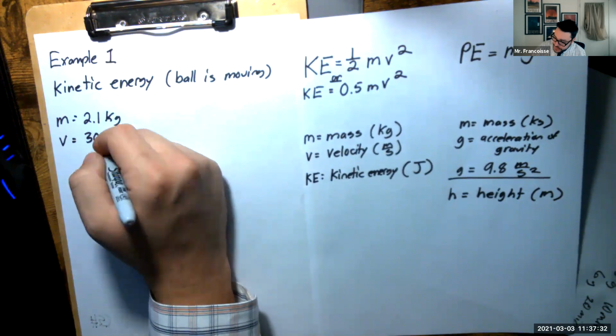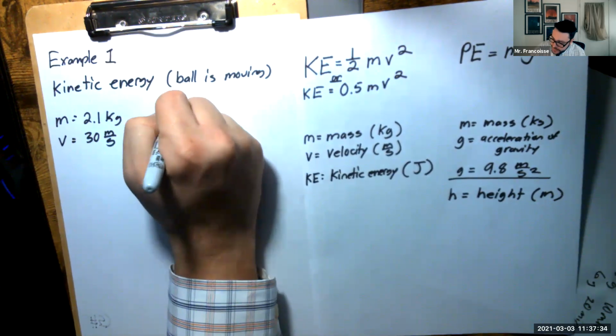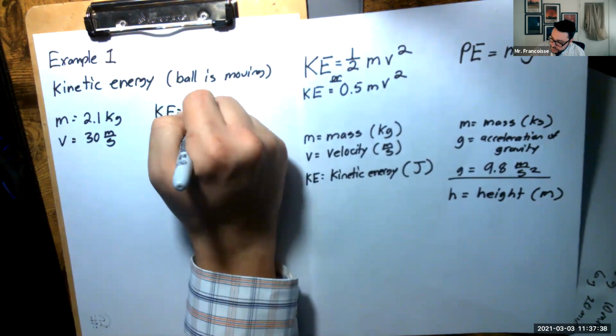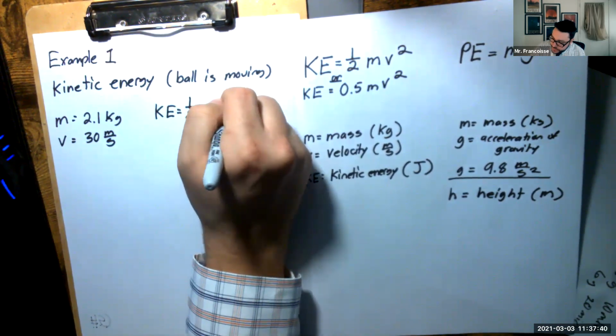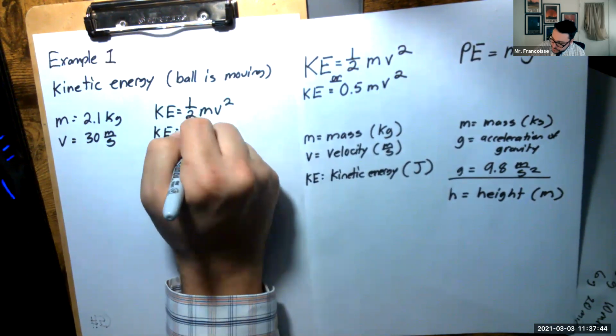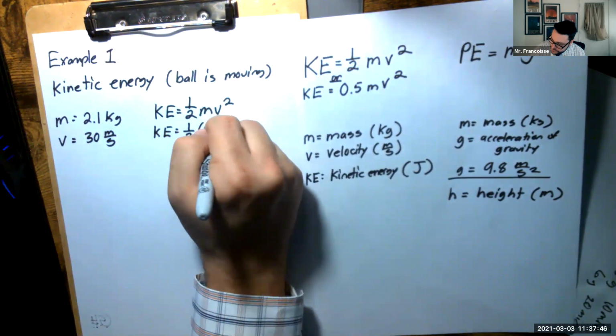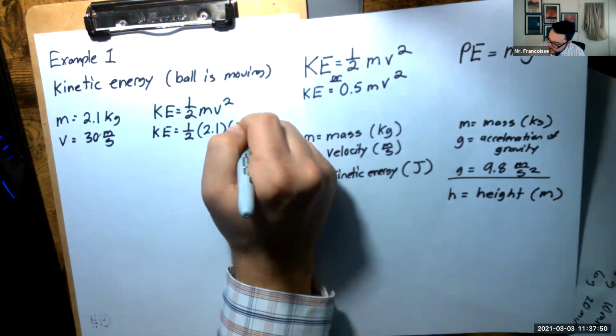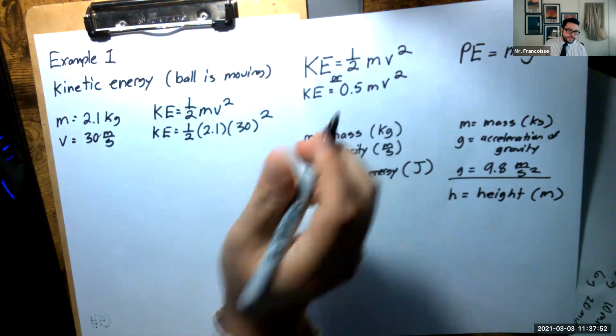We have our mass and velocity. So we can say that kinetic energy is going to be equal to 1/2 mv squared. So we're just going to plug it in. Times 2.1 times our v, which is 30 squared.